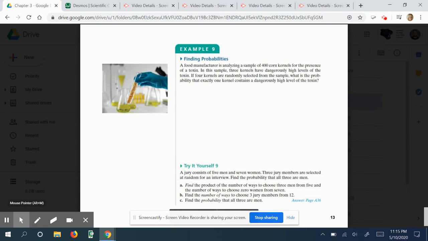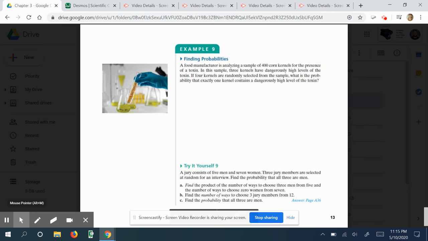Last problem we're going to look at, example 9. A food manufacturer is analyzing a sample of 400 kernels of corn for the presence of a toxin. In the sample, 3 kernels have dangerously high levels of the toxin. If 4 kernels are randomly selected from a sample, what is the probability that exactly 1 kernel contains the dangerously high level of toxin?